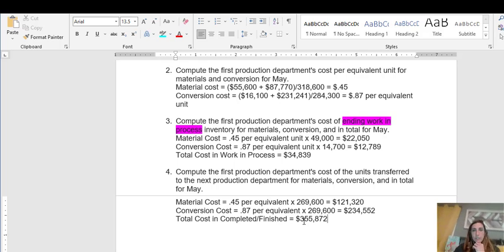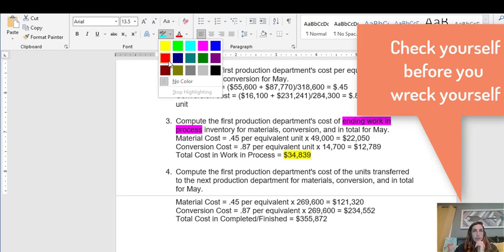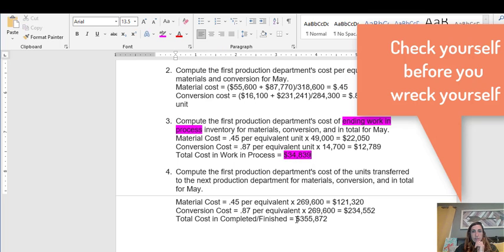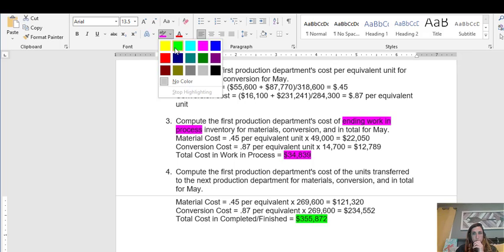So the last step really is to check yourself. It's also known as a cost reconciliation. So if I am saying this is the total in my WIP, I'm going to highlight that one in purple, this pink, and this is the total in my completed, I'll do that in green.